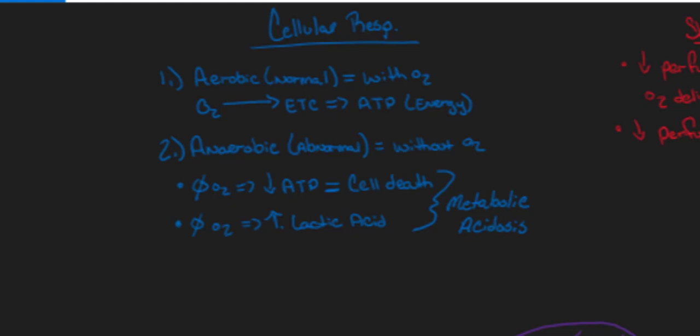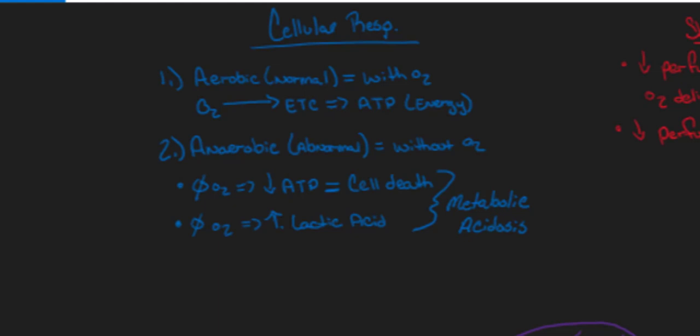So without O2, you have decrease in ATP production. Now, it does not go obsolete, ATP, because some ATP is actually made without the presence of oxygen. However, there's not enough made for normal cellular functioning. So you have a decrease. Now, ultimately, that cell does not have enough energy to function, then it will begin to die.